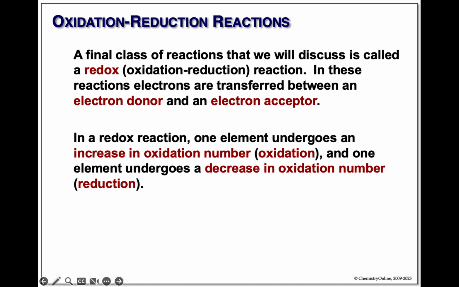When it decreases, it's called a reduction. The simplest way that I find to remember that little rule is just to say oxidation is the loss of electrons. We'll see how easy that is to apply in just a minute.